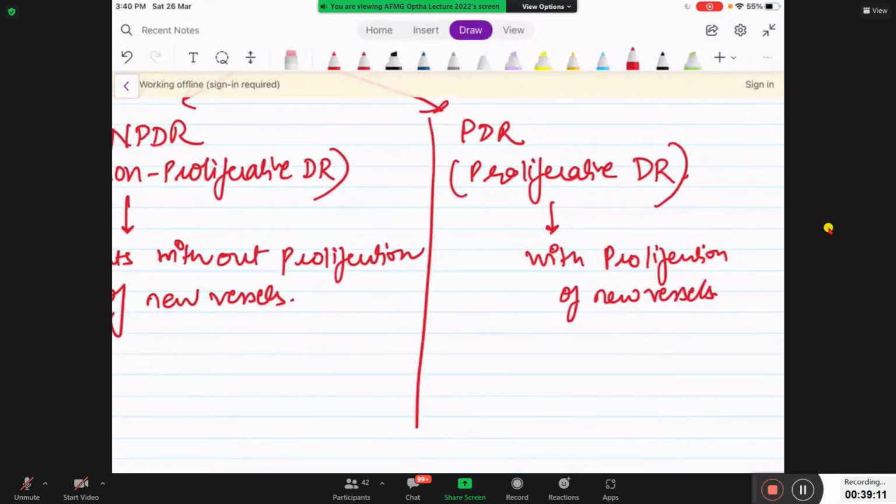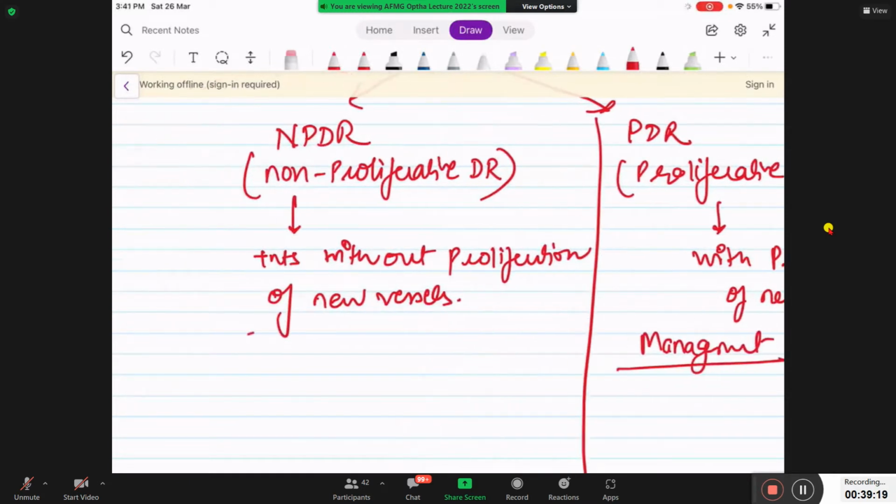Now coming back to management, write it down. In NPDR, you just follow up the patient.